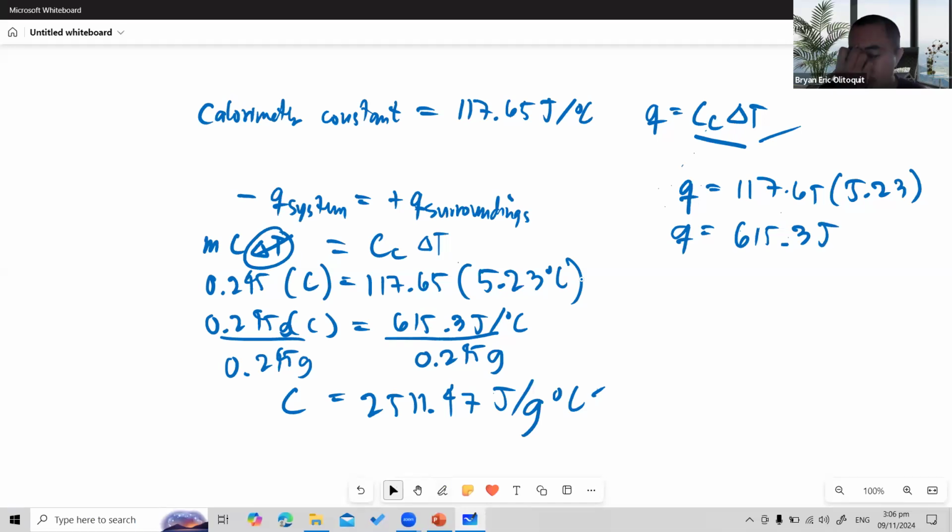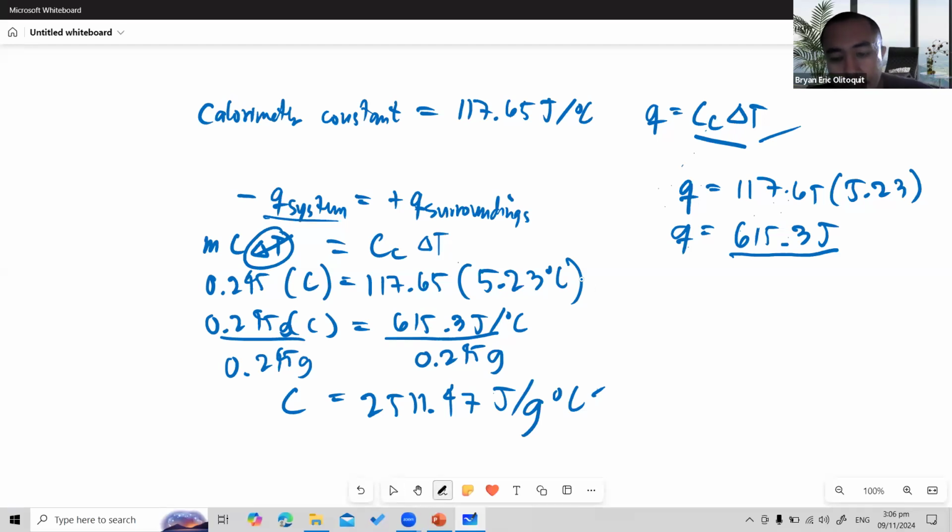Okay? 615.3 joules. So, since this one is from the calorimeter, using the calorimeter constant, actually, this value is what is released by the system. Okay, it's what the system gave.